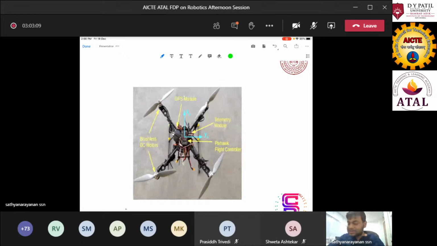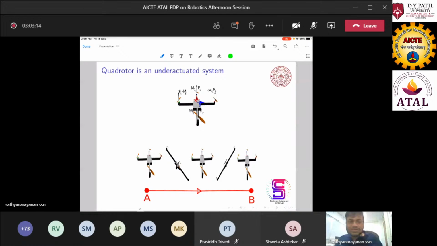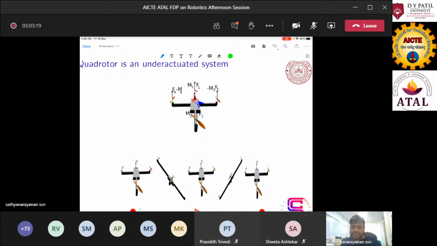Now we will go into why a quadrotor is classified as an underactuated system. As I said, when the rotor rotates, it generates a thrust force and a drag force. The thrust force acts along the z-axis.